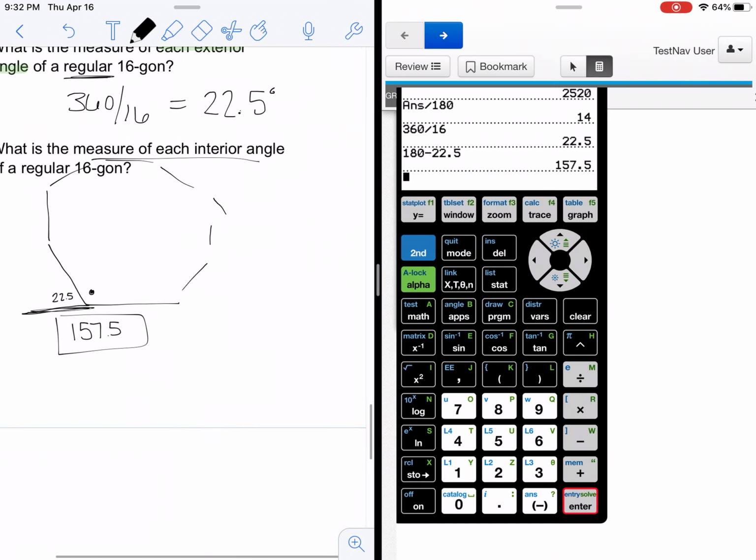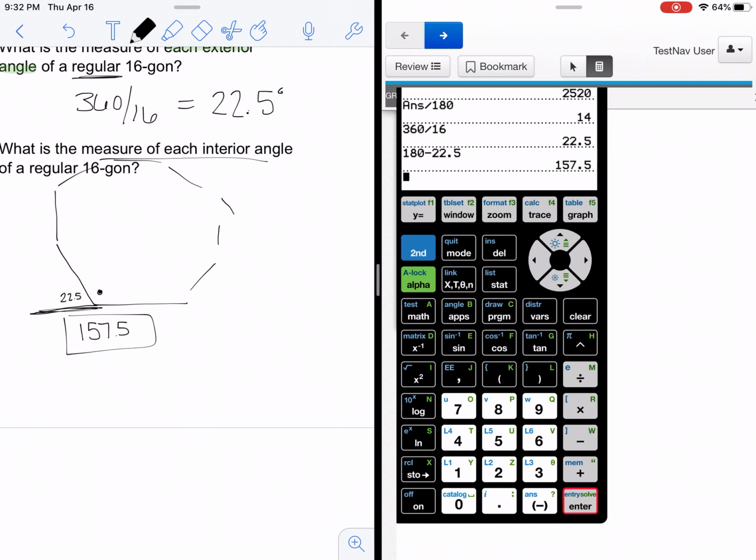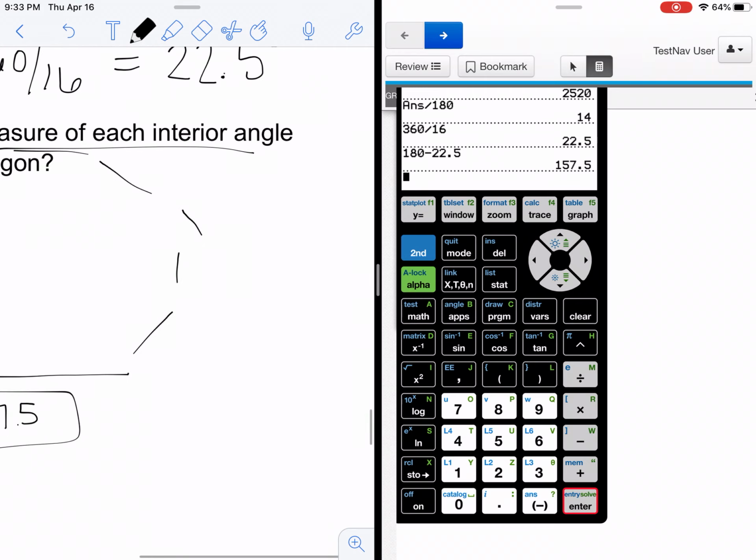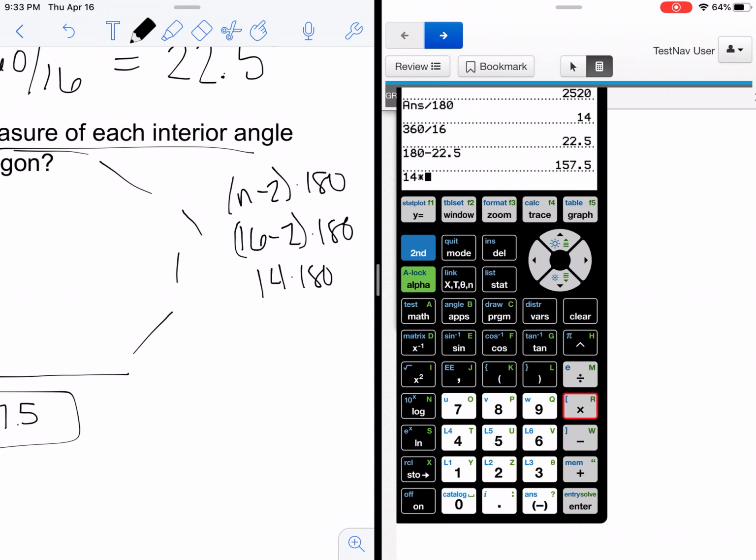The other option is to figure out how many degrees there are total. So I could do the n minus 2 times 180 formula, plugging in 16. And I could say, okay, all of them together add up to 2,520 degrees.